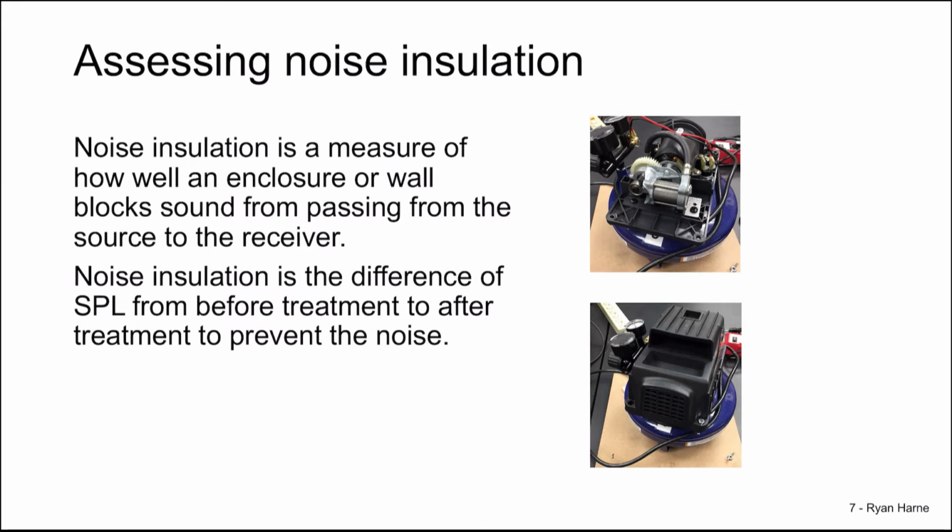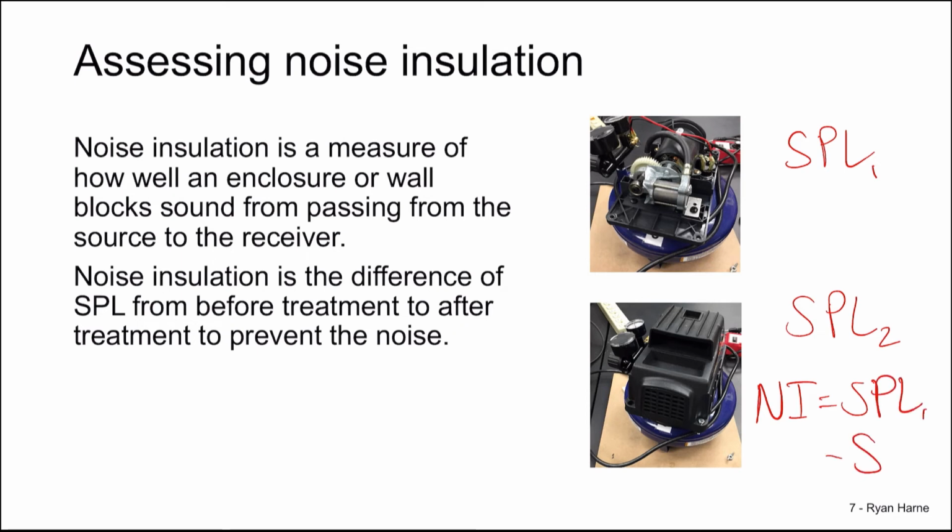Let's say that SPL sub 1 is the sound pressure level measured from this unit before an enclosure is designed and placed. Once the enclosure is in place, the new sound pressure level is SPL sub 2, so that the noise insulation, I, is SPL sub 1 minus SPL sub 2, which would be reported in dB or dBA depending on how the SPL 1 and 2 values are reported.